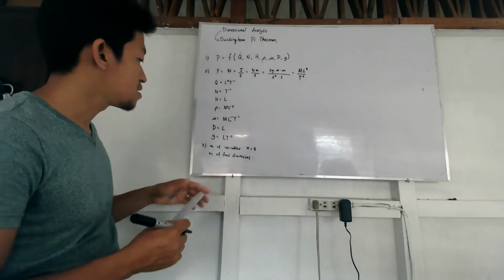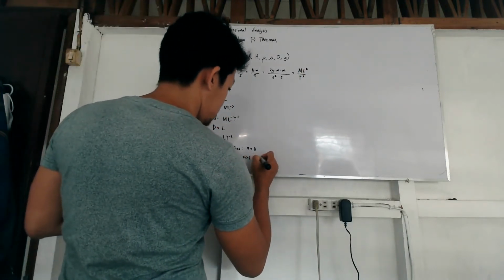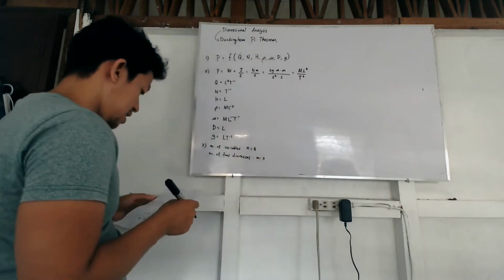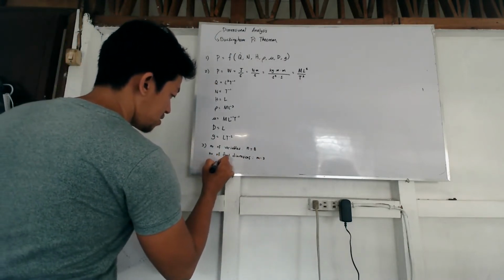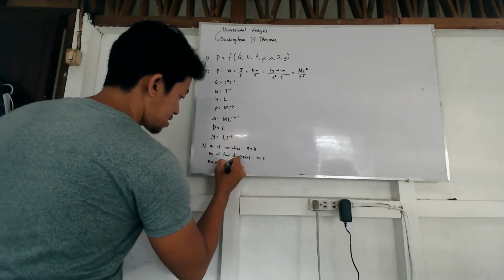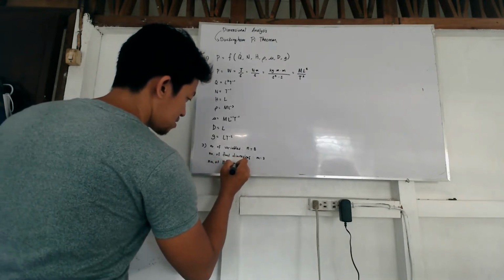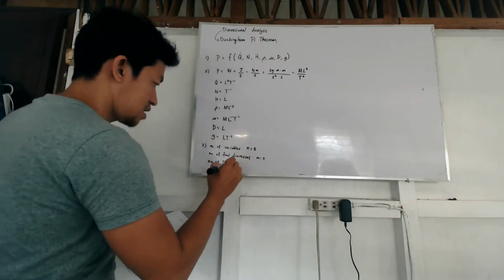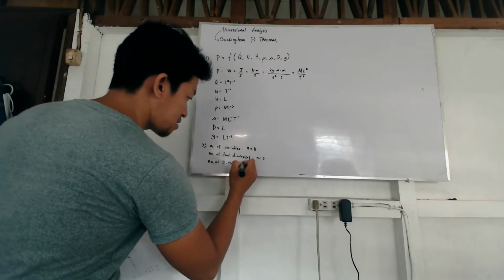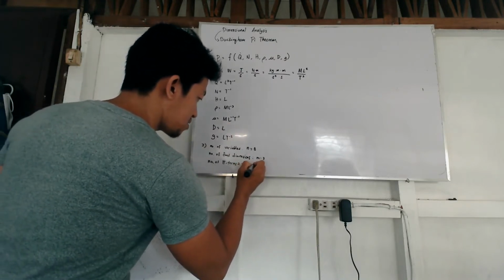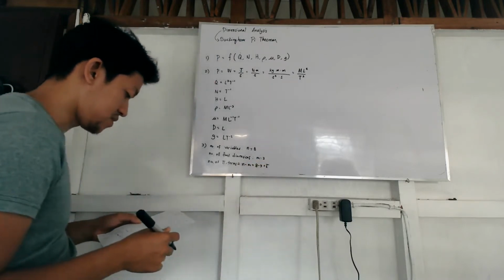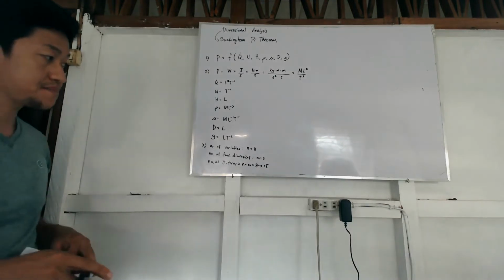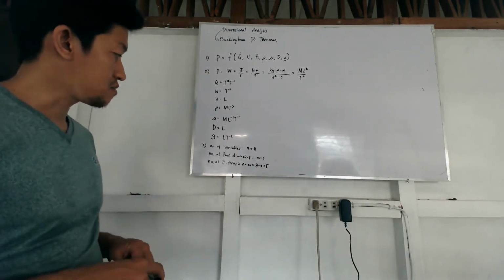So m equals 3. And then you also get the number of pi terms. The number of pi terms is n minus m, or 8 minus 3 equals 5.